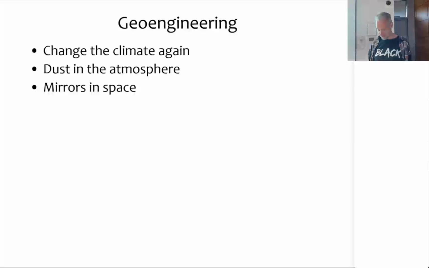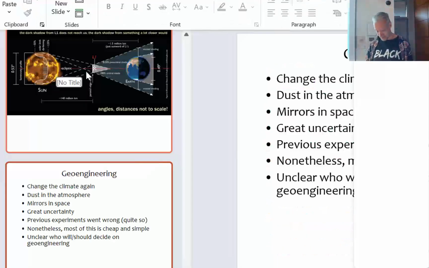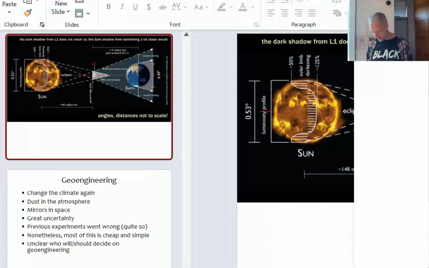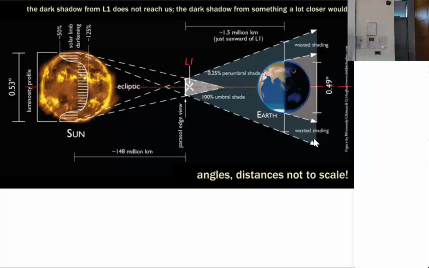Why not do it? Why not do it is perhaps better illustrated with the other proposal that takes physicists' fancy, and that is to put mirrors in space. I'm going too fast. Yeah, here we are. So, not drawn to scale. The sun sends lots of energy out into outer space. Some of it reaches us.